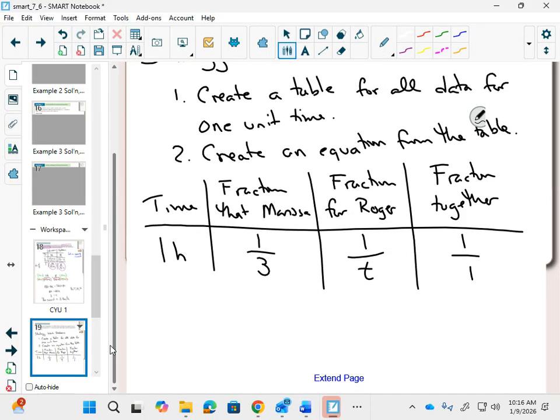Does it make sense that this fraction plus this fraction has to equal that fraction? The amount in an hour that Marissa gets done, she does a third of it. That means that in that hour, Roger would get 2/3 done.